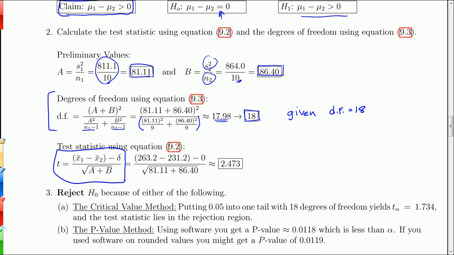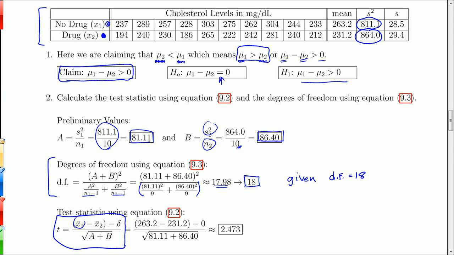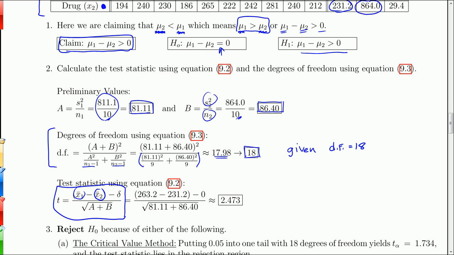Okay, so the test statistic. I have to get my sample mean from the first sample, which is 263.2, and the sample mean from the second sample, which is 231.2. I take that difference and subtract 0, because that's delta, which is in the null hypothesis.